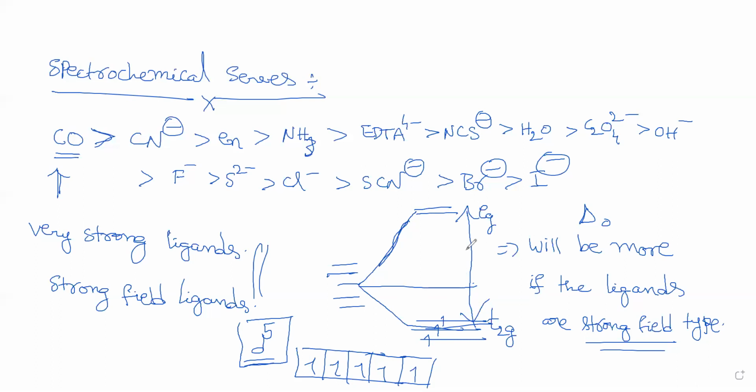But because this gap is more, that electron will tend to pair back down here itself. You will not get the usual configuration, you will get this kind of configuration. This is called forced pairing. Electrons will be forced to pair, leaving some orbitals vacant, which will create inner orbital complexes.